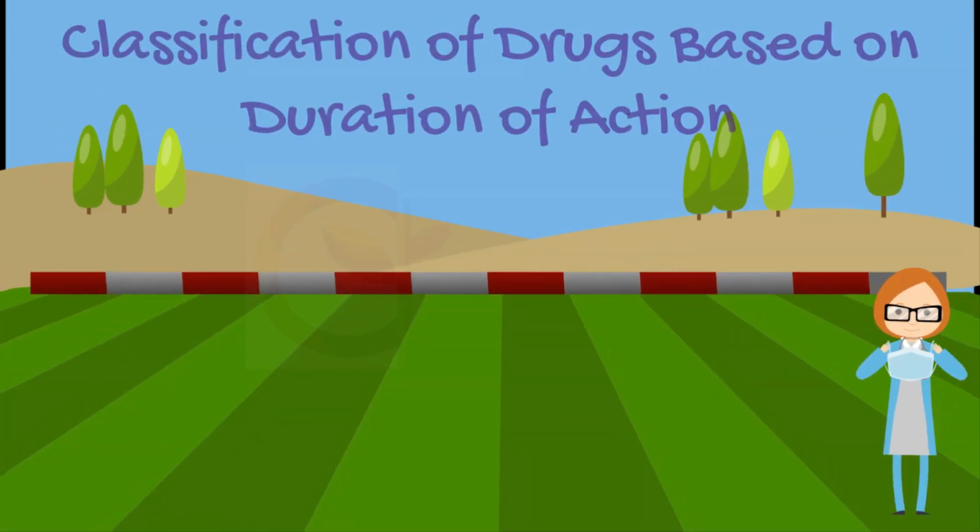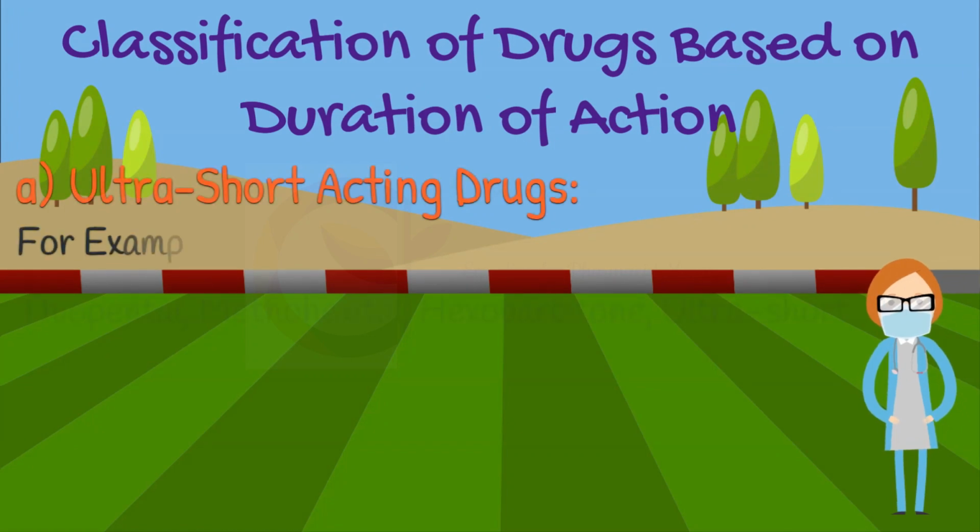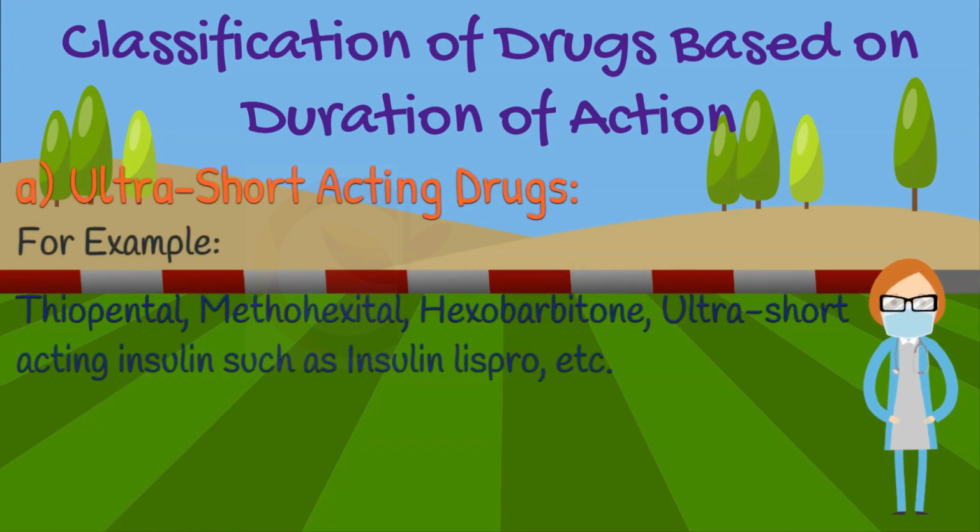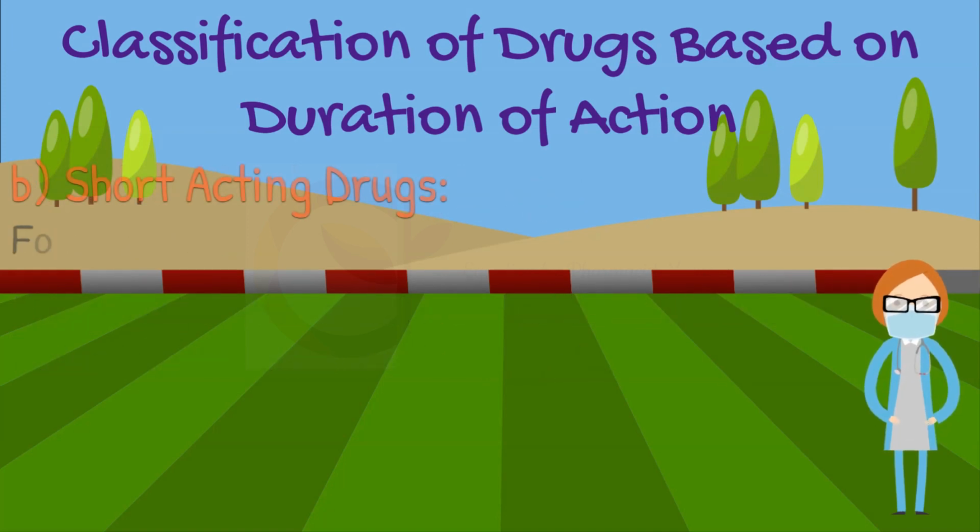Next is classification of drugs based on duration of action. These include ultra-short-acting drugs. For example, thiopental, methohexital, hexobarbital, ultra-short-acting insulin such as insulin lispro, etc. Short-acting drugs.